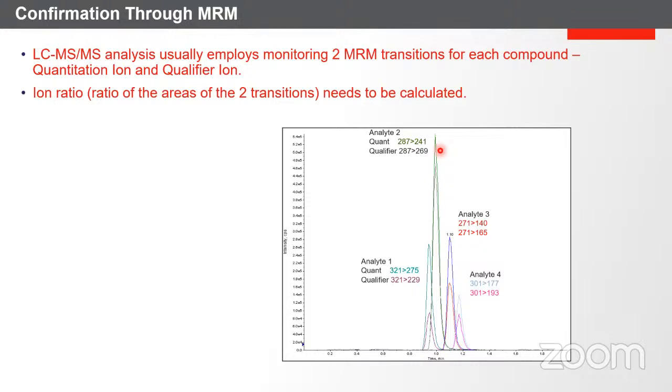We have the standard, and based on that we can plot the linearity curve, and we can quantify absolutely. That means if you have an internal standard or a reference standard for a particular peptide, protein, or metabolite, you can do the absolute quantification. If you don't have the standard, then you can do the relative quantification.